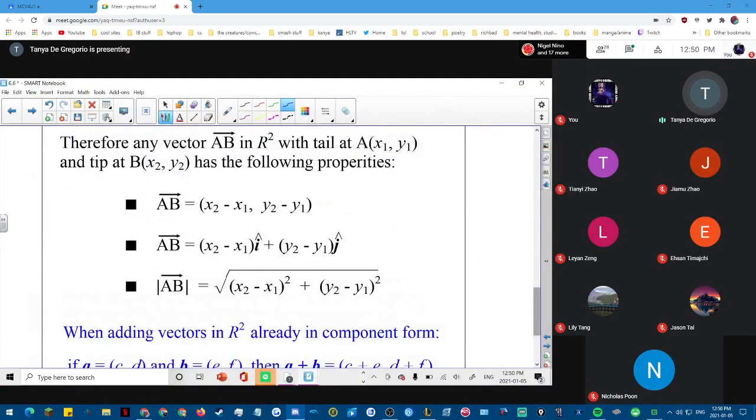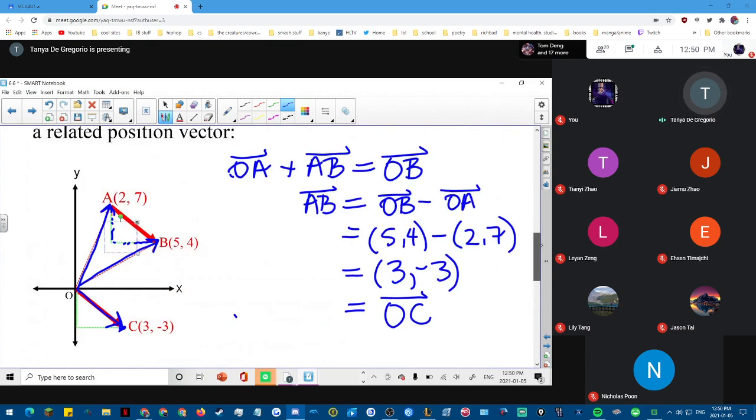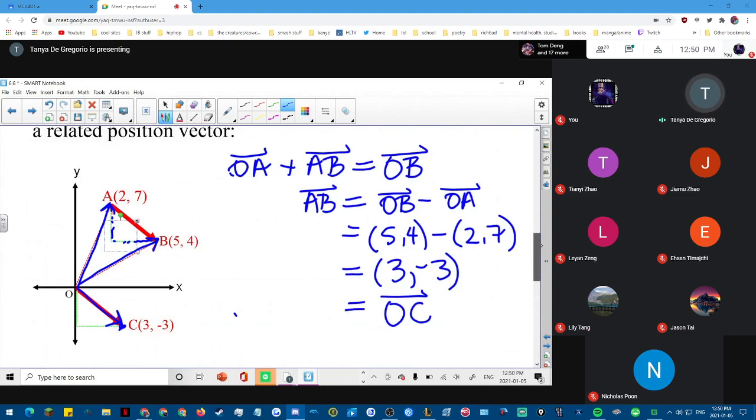Okay, so any vector AB in 2 space with a tail at (x1, y1) and a tip at (x2, y2) has the following properties. If you're looking for vector AB, all you have to do is subtract the components: x2 minus x1, y2 minus y1, as you saw me do here, 5 minus 2, 4 minus 7. That's how I found AB.